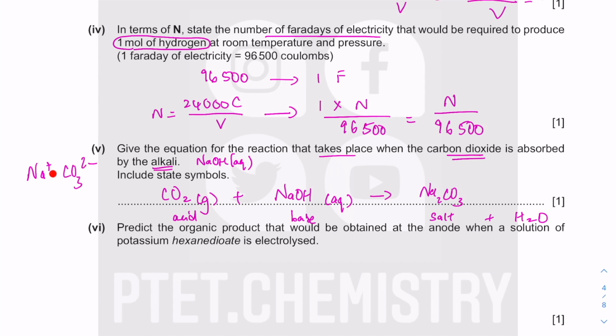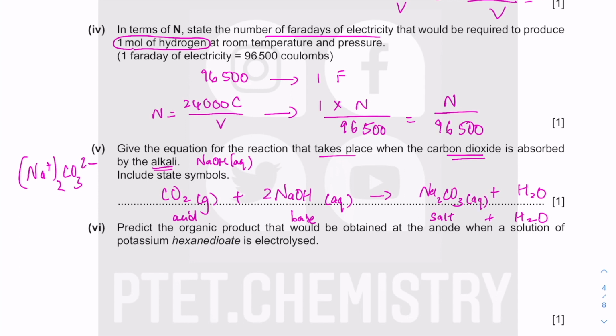The lowest common multiple between 1 and 2 is 2, primary school mathematics. It means that you need 2 of the Na plus to balance out the minus 2. That's why the formula of sodium carbonate is Na2CO3. You will get water as a result of neutralization, as there's a hydrogen floating around. You need 2 sodium here, so you must have 2 NaOH, and I will have state symbols.